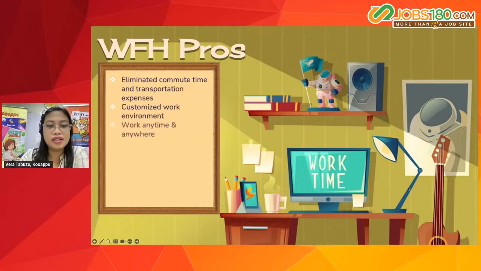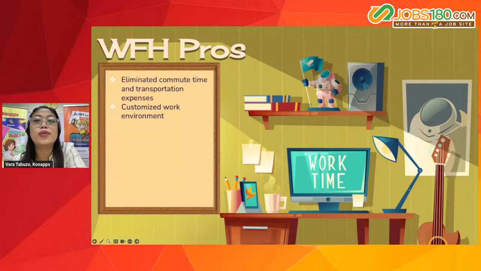And next is customized work environment. Doing work from home enables you to design your own workstation. You can set up posters of different celebrities or K-pop stars. You can also adjust the table to your liking.